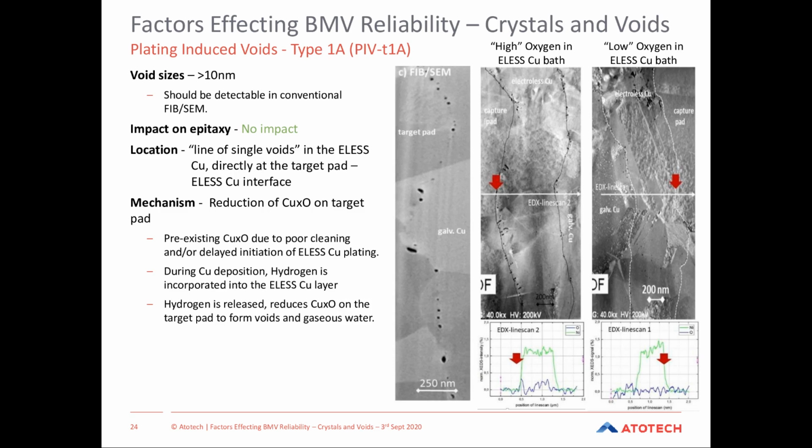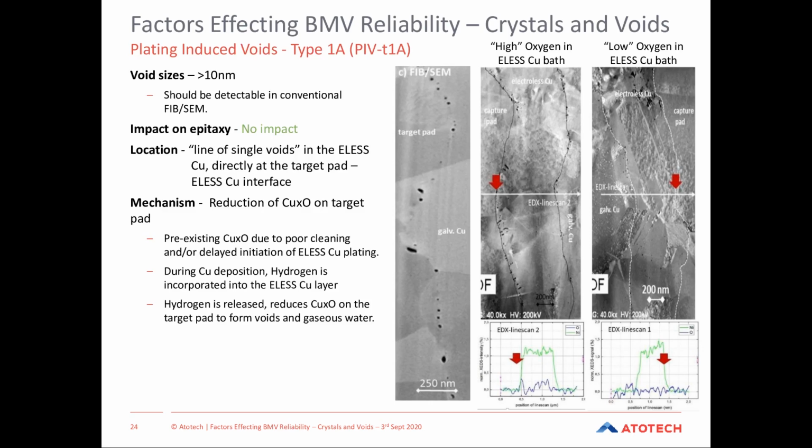If that layer is thin enough, it won't inhibit recrystallization, but it will be sufficient to create voids when it's reduced by the hydrogen that's absorbed into the electrolysis layer as well. So poor cleaning at the first stages of the electrolysis process is insufficient to remove that oxide layer, and therefore the hydrogen comes back out of solution, and then we get the void.